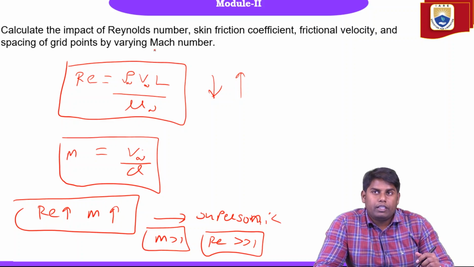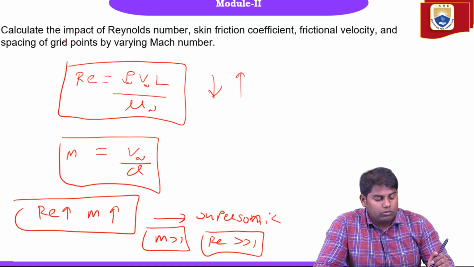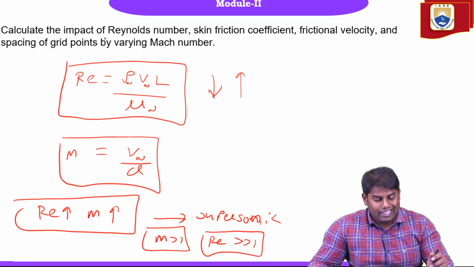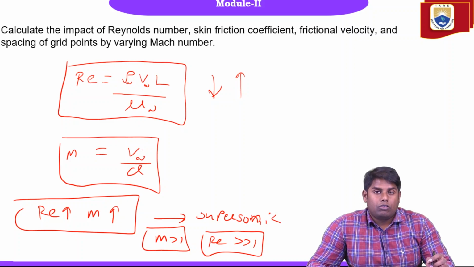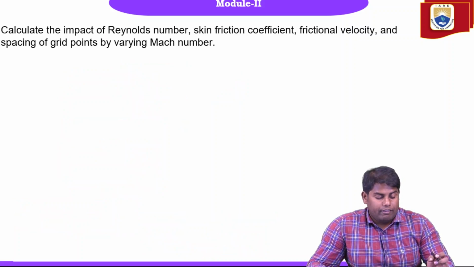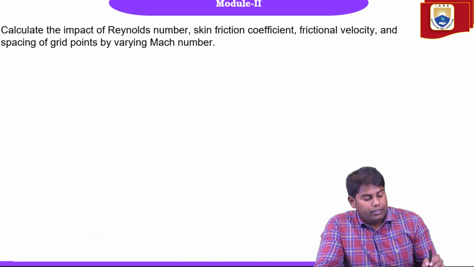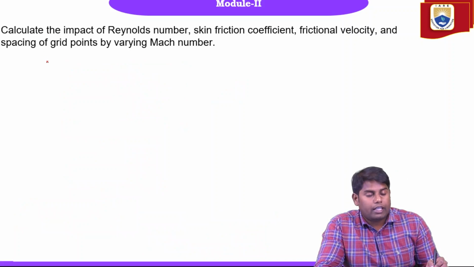What happens to the skin friction coefficient, to the frictional velocity, and to the spacing between the grid points that has to be mentioned? We'll see the relation. First, we need to see the thickness of the boundary layer.